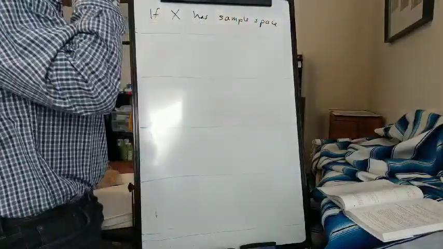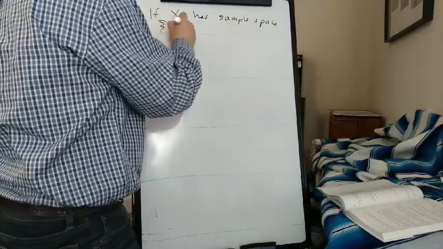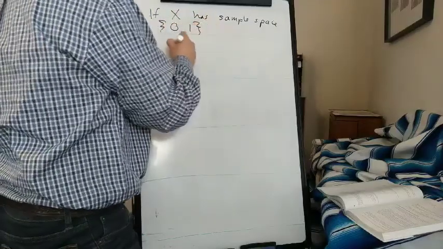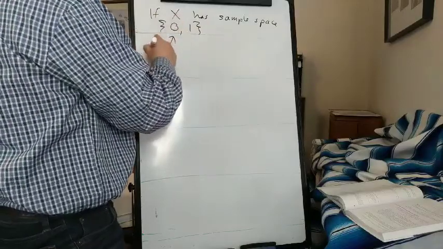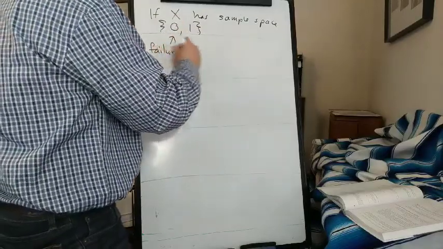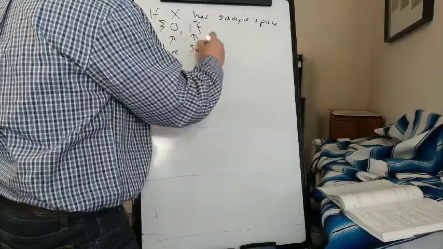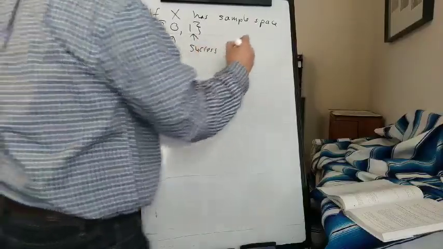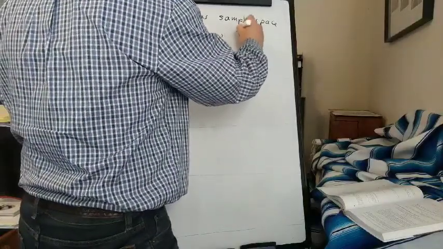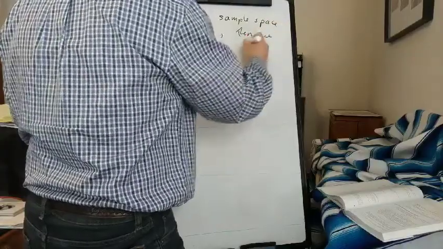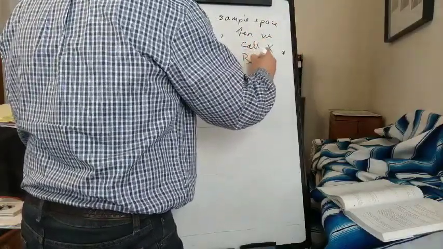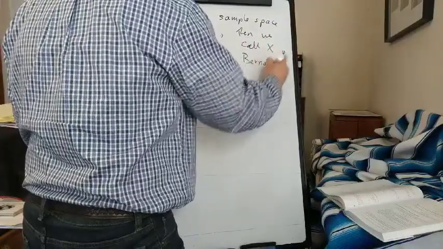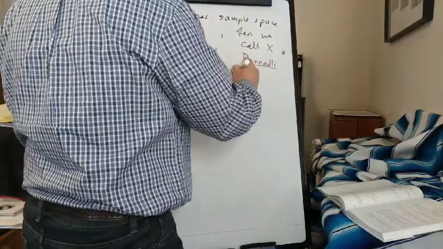So if x is a random variable that has sample space just 0 and 1, we usually call 0 and 1 failure and success. Then we call x a Bernoulli random variable.